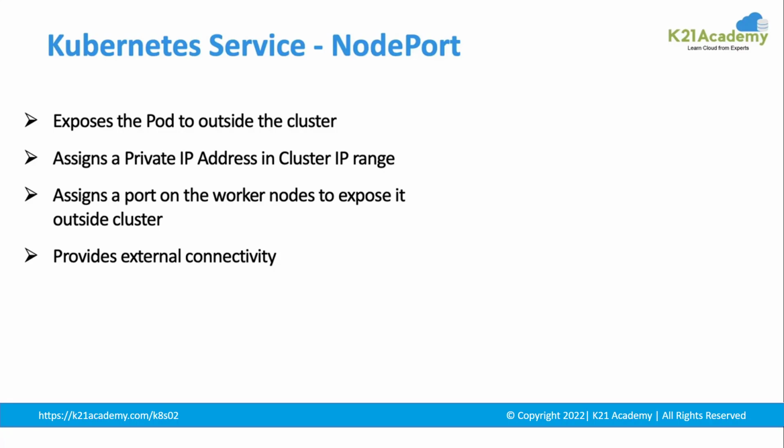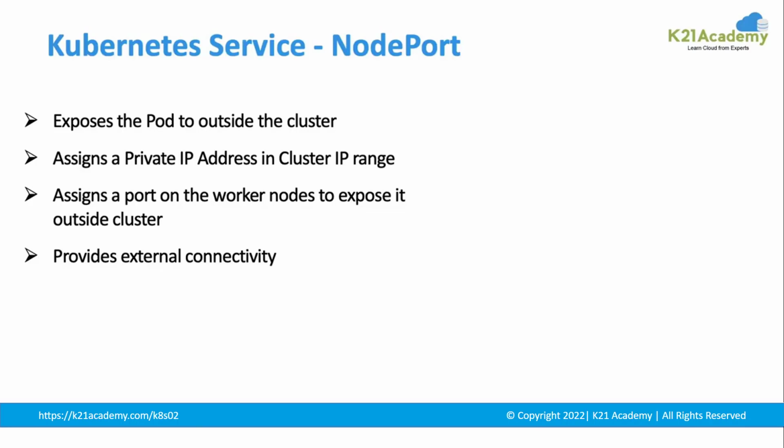At that point in time, I tagged it to a port number on the host. Same way we would be doing that. We would expose the pod outside the cluster. The pod will get an IP address from the cluster IP range. The service, whose kind is type NodePort, will also get an IP address from the cluster IP range.